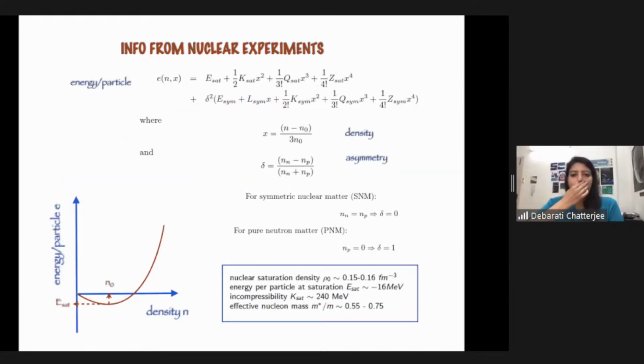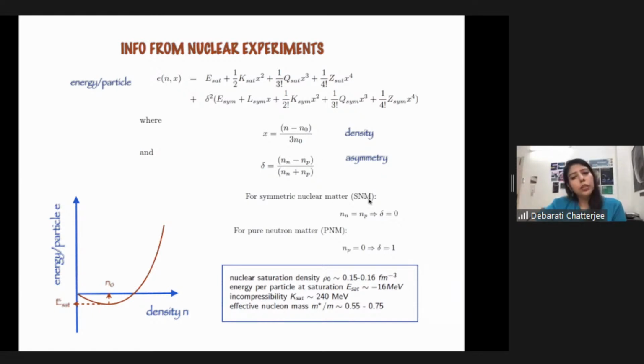So we can actually write down the energy per particle of neutron star matter as a Taylor series expansion. All these are coefficients of this Taylor series expansion in terms of x. x is nothing but a dimensionless density, and another term in terms of delta squared, where delta is nothing but asymmetry. So you see it depends on Nn minus Np by Nn plus Np.